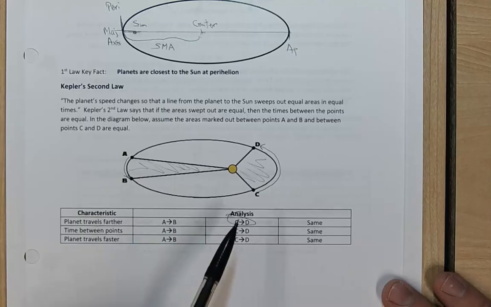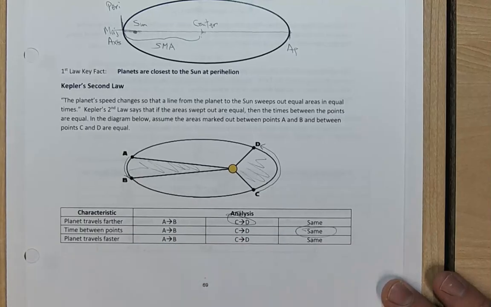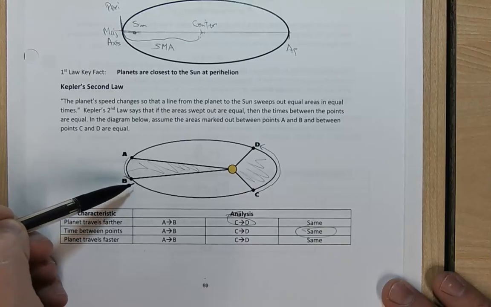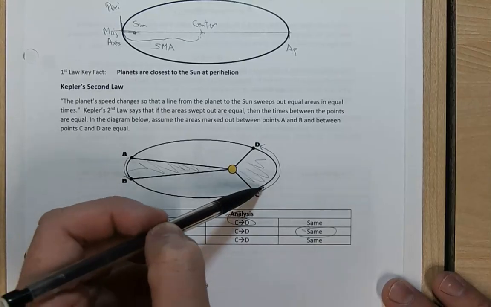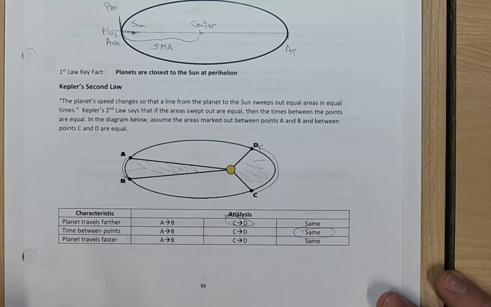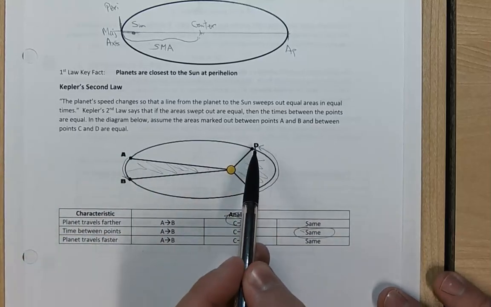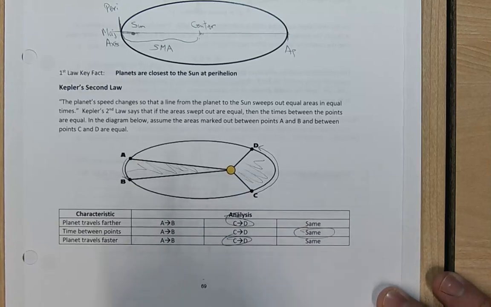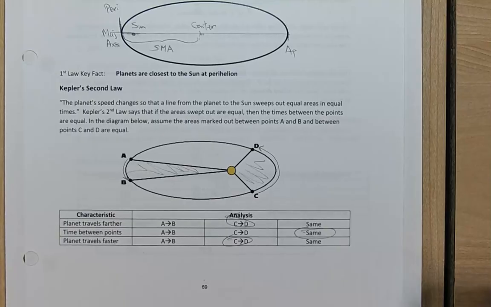Between A and B or between C and D? No, they have to be the same. So if the planet went this distance in a certain amount of time, and this distance in the same amount of time, the only way the planet can travel a longer path in the same amount of time is if it's going faster.